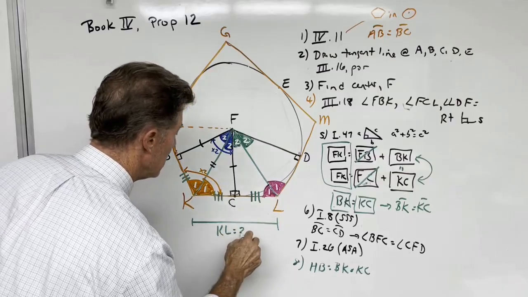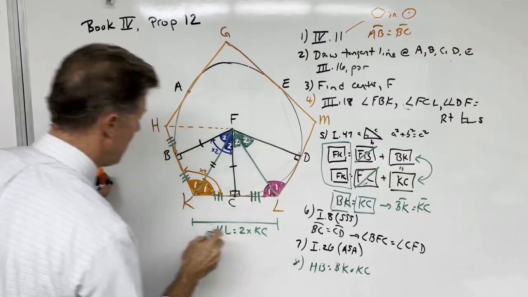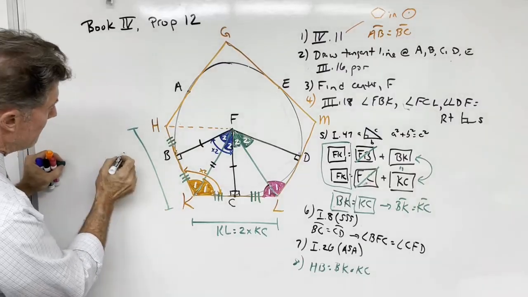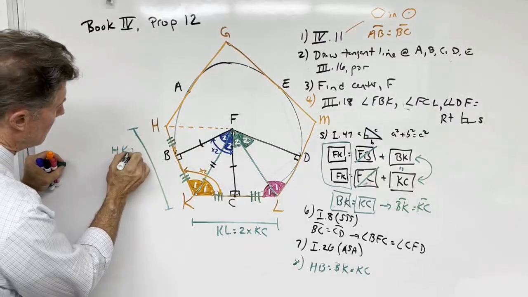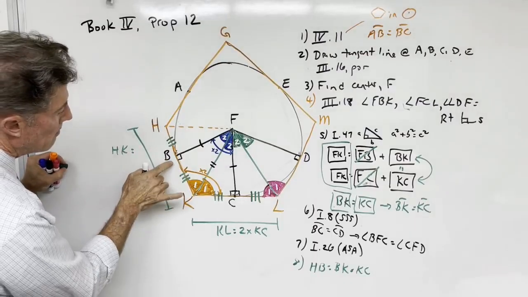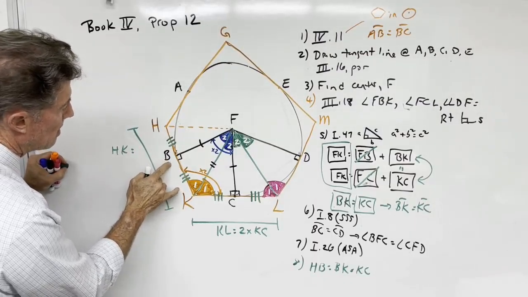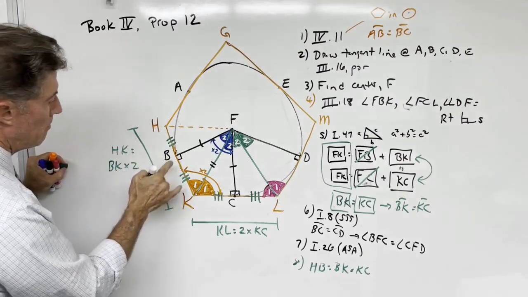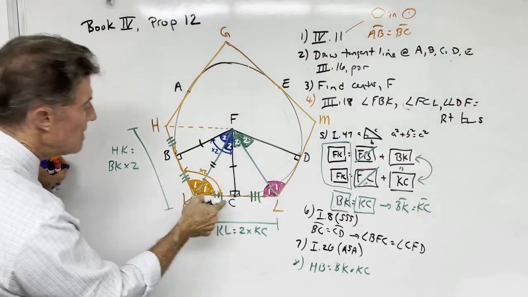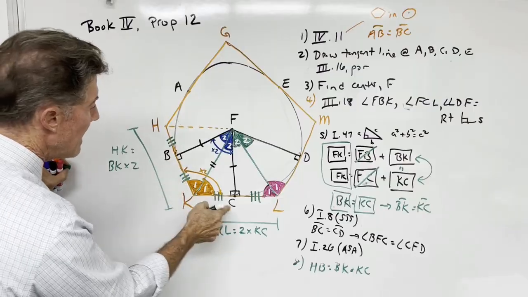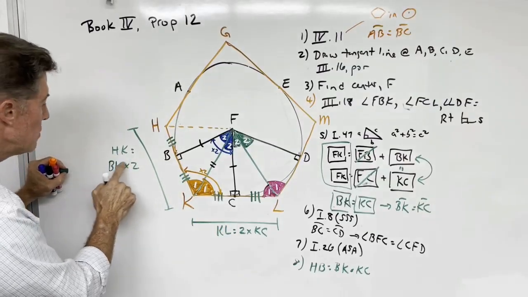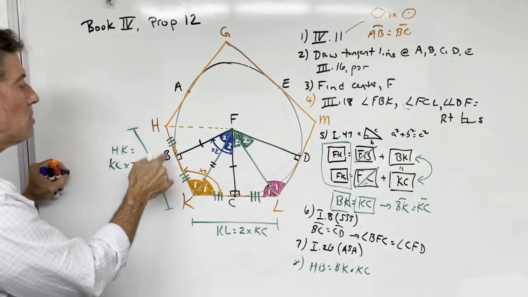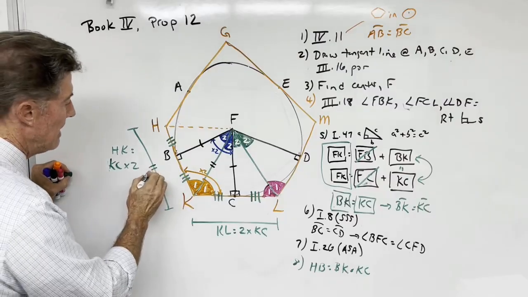So KL is equal to just 2 times KC. And this whole line, HK, is equal to BK times 2, BK and BK, because those are equal. Since BK and KC are equal to each other, HK is really equal to 2 times KC, which means that these two lines are exactly equal.